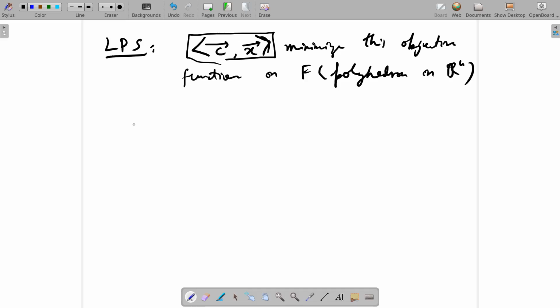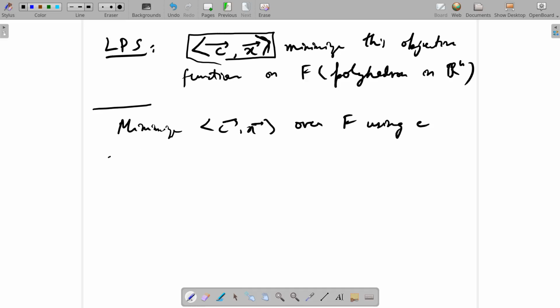All right. Before we move on, I want to phrase all of this discussion as a series of questions. This will help us stay focused on what our end goal is. Let me summarize that first. We want to minimize c dot x over F using a computational algorithm.